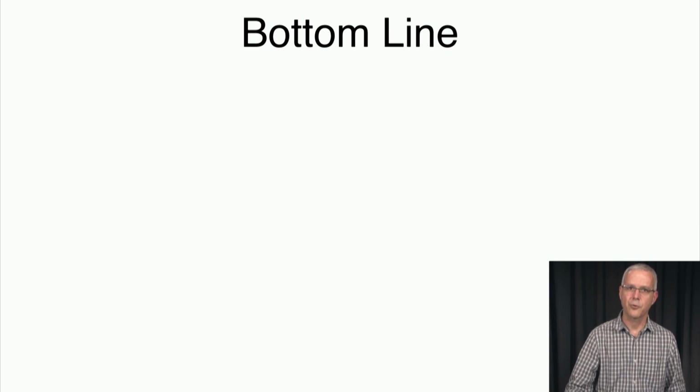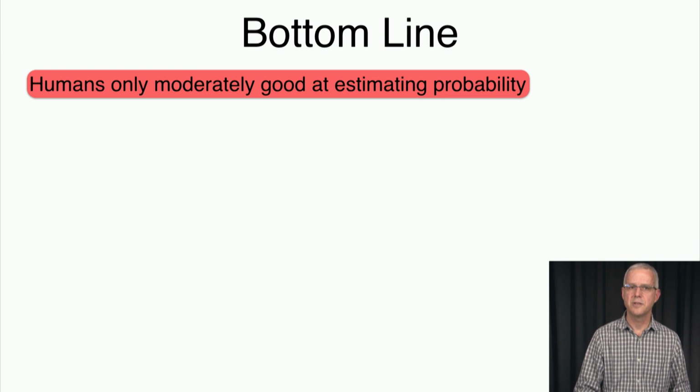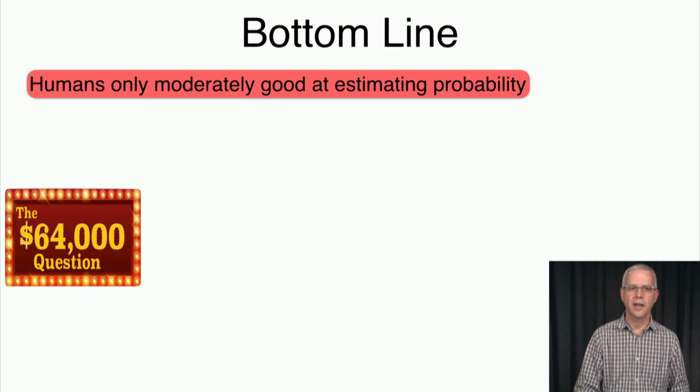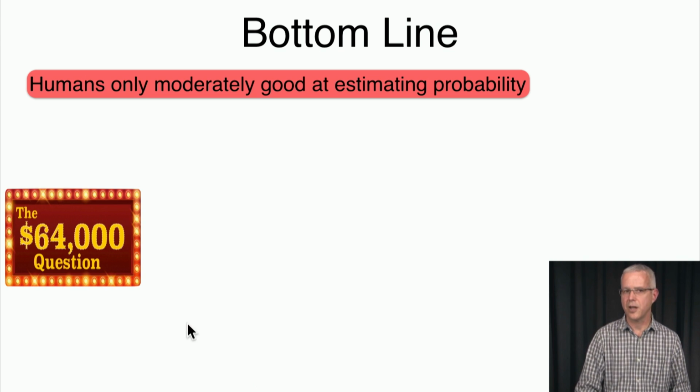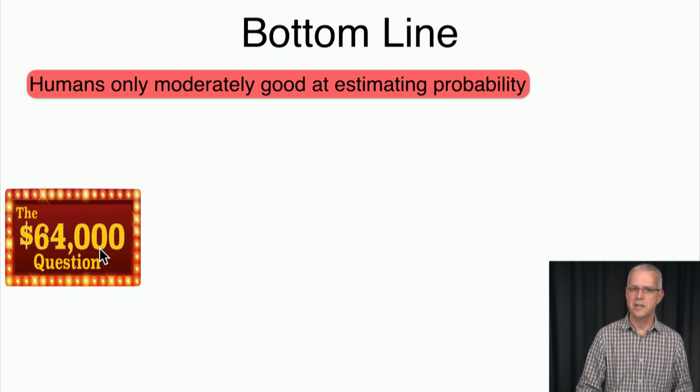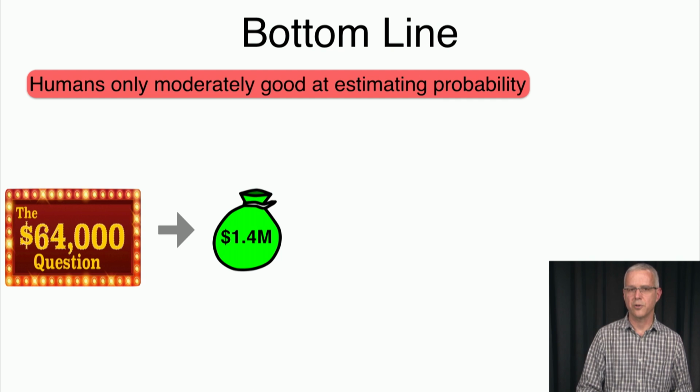Okay, but regardless of whether this question was correctly phrased or not, the bottom line is that humans are only moderately good at estimating probabilities, and there are many things that we don't do well. And so the problem is actually not just the $64,000 question. It's not even just a $1.4 million question.